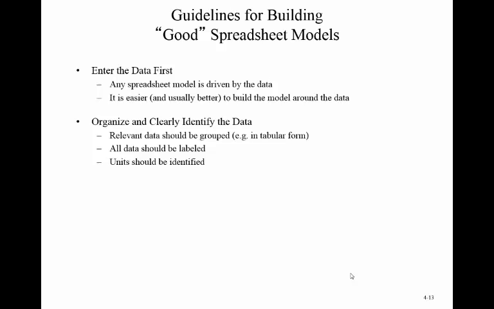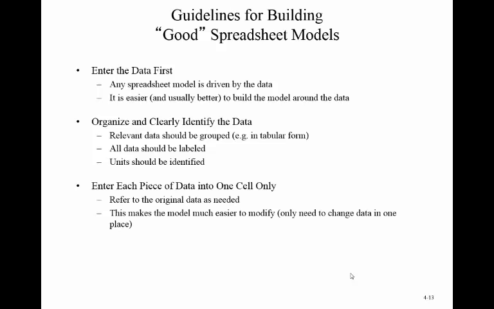And if it's by product or by year, you want to sort of organize it in this sort of matrix format. And again, you don't want to have redundancy, because if you do need to change a value later on, you only want to do that in one place. So if you've got a piece of data which represents a parameter that goes into your model, don't put that in formulas. Don't key in the number into formulas.